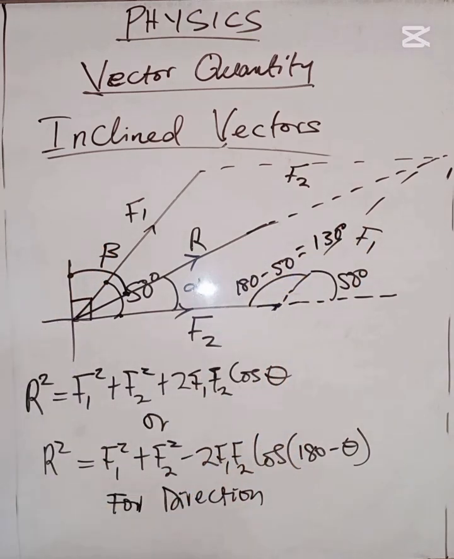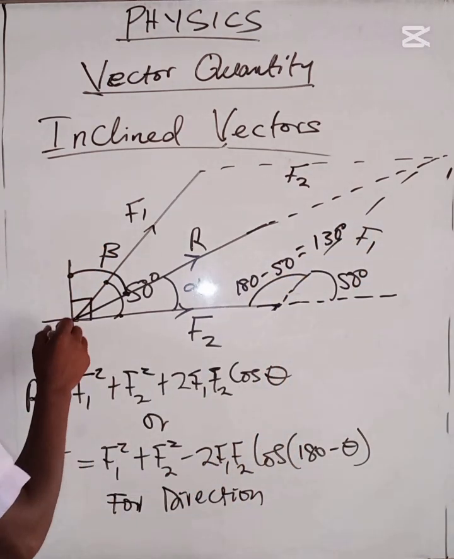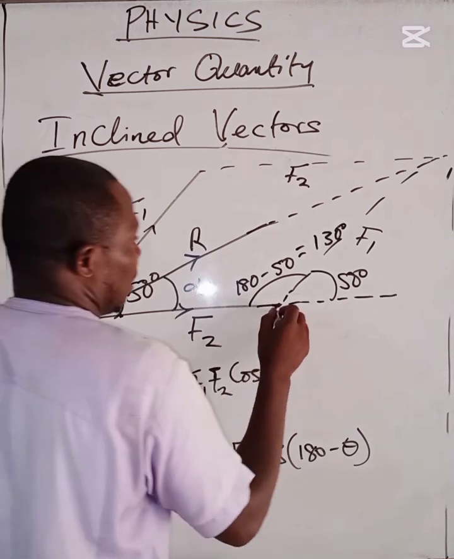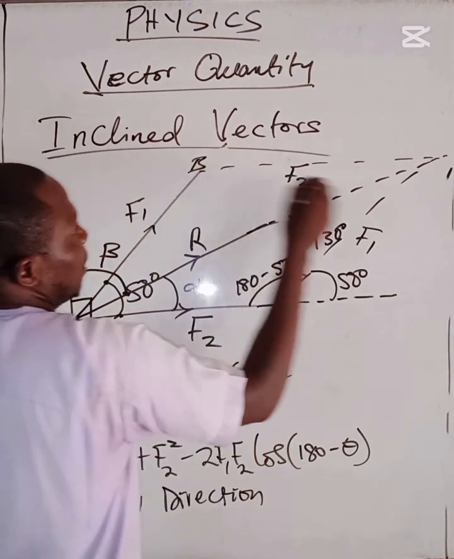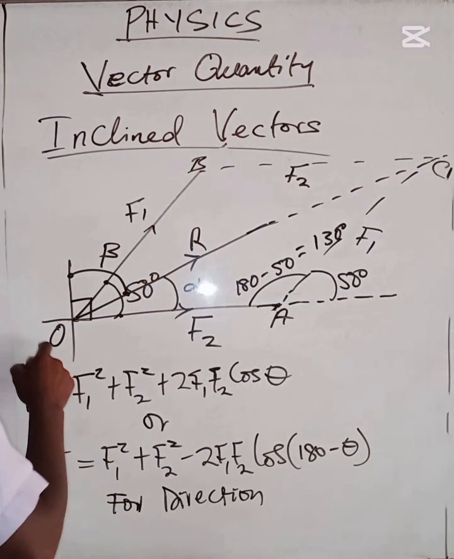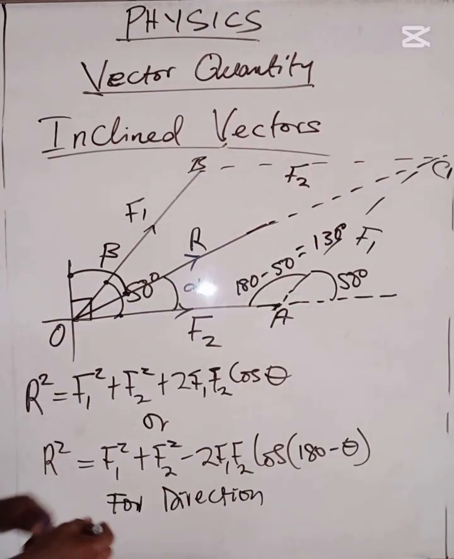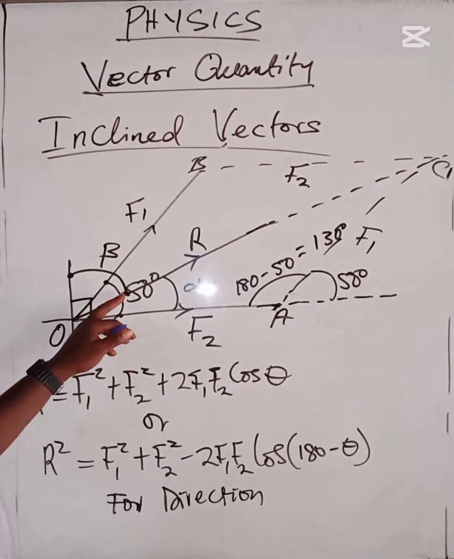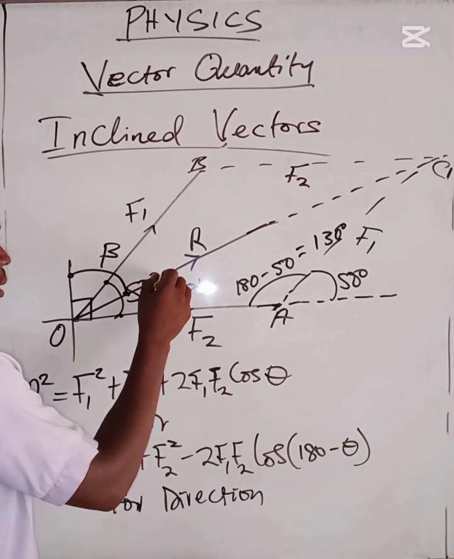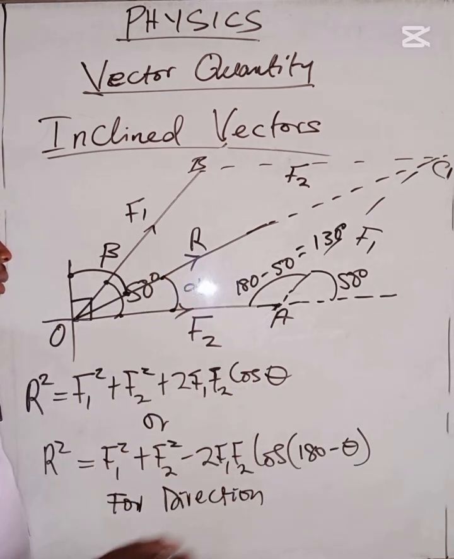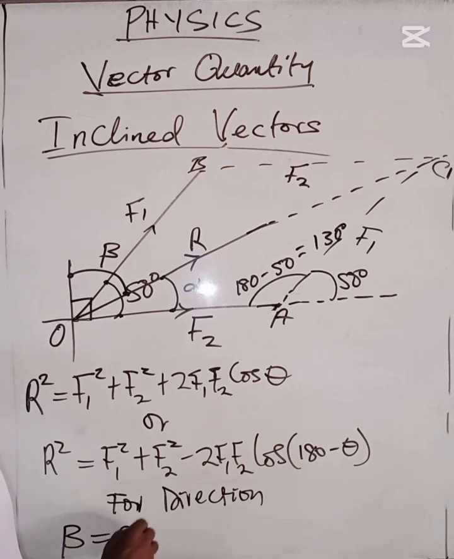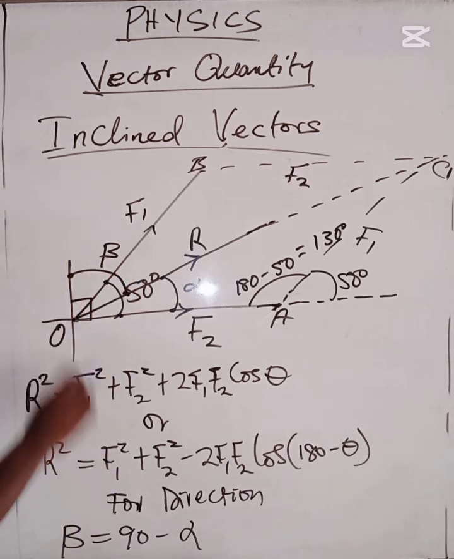So the angle here is 130 degrees. So that if you label here O, A, B, C, you can actually cut out triangle OCA or OAC there to find the angle from this point to this point, and whatever you get, you can now use beta equals 90 minus alpha to find the angle from here to here.